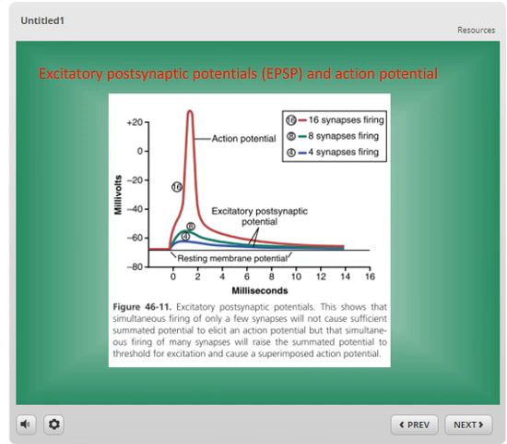It shows that, for example, when a few synapses, 4 or 8 synapses, fire, it will not cause sufficient summated potential to elicit an action potential, but the simultaneous firing of many synapses, 16 synapses, will raise the summated potential to threshold for excitation and cause a superimposed action potential.